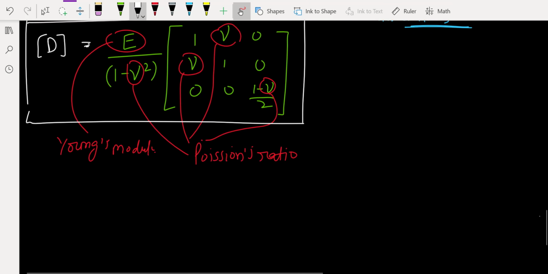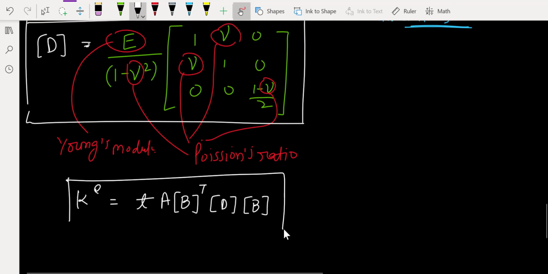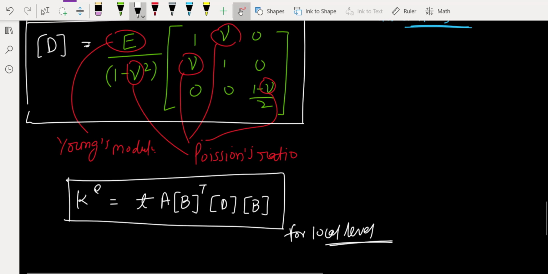Once you have this information, basically you will have K. So I will write K element would be thickness, cross section area, then the gradient matrix and its transpose, and then the stress strain relation matrix, and then the gradient matrix. This is for the local level.